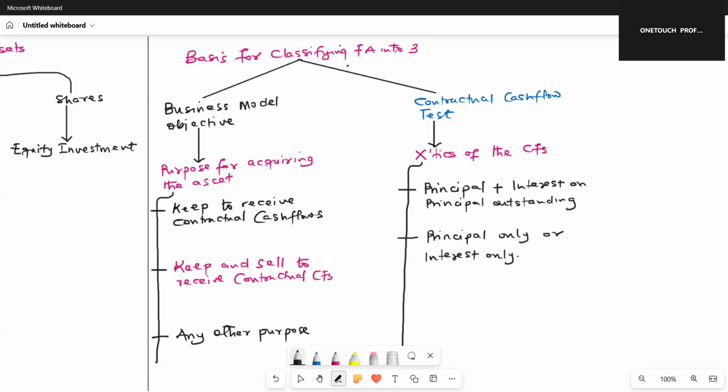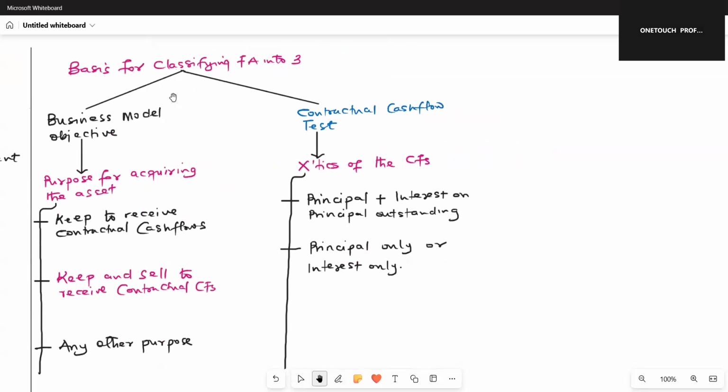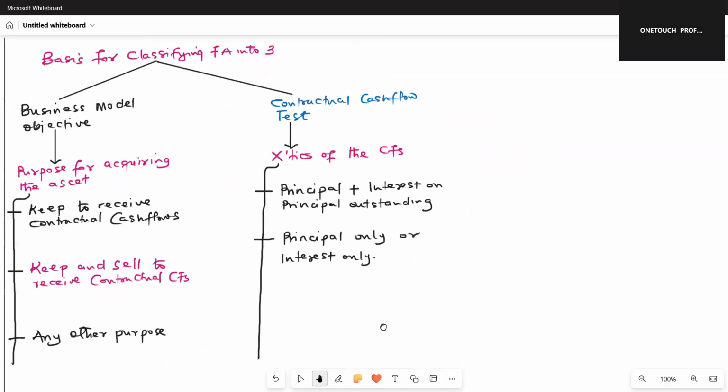So these two will tell us which type of financial asset this is. Is that clear? So now let's look at the three classifications of financial assets and how they fit into this, how we can use this to determine their recognition criteria. Do you understand what I'm doing?